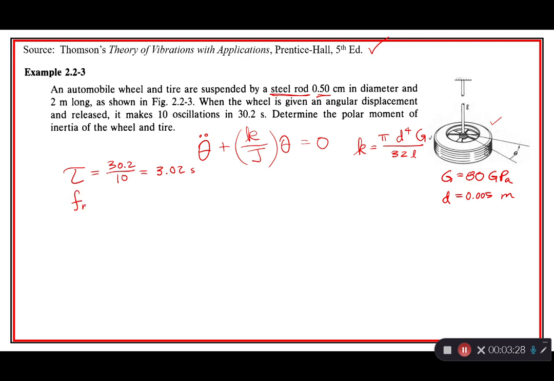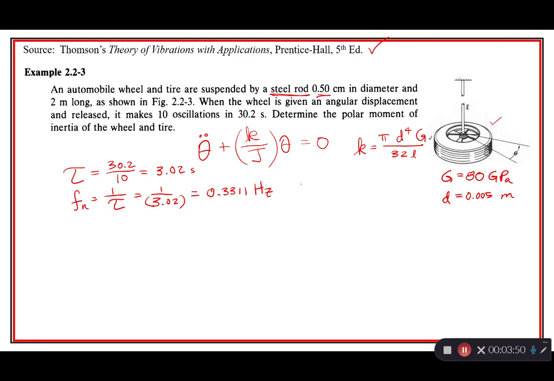So the natural frequency we're measuring is 1 over the period, or 1 over 3.02, which is 0.3311 hertz. Very low. You wouldn't be able to hear a note.